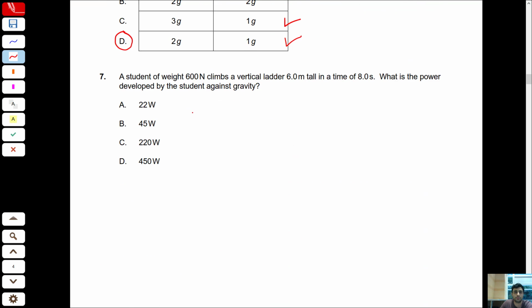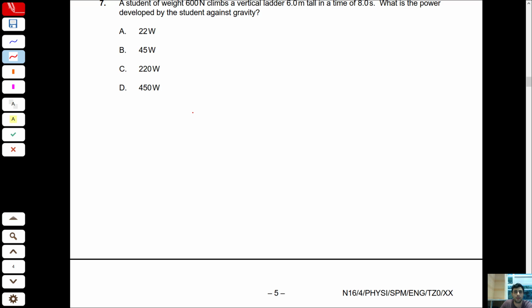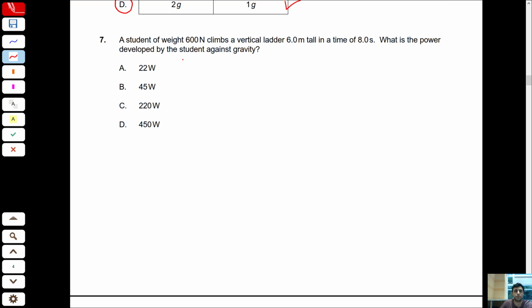Okay, question number 7. A student of weight 600 Newton climbs a vertical ladder, 6 meters tall, in a time of 8 seconds. What is the power developed by the student against gravity? So the equation for power is energy over time.